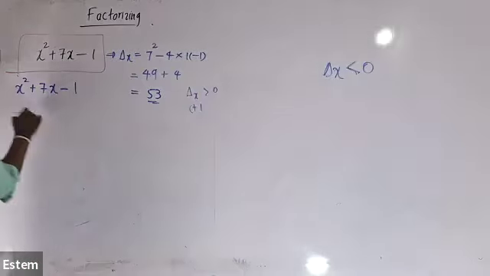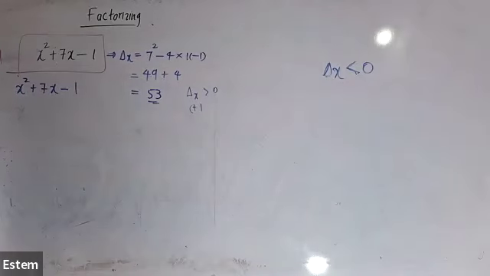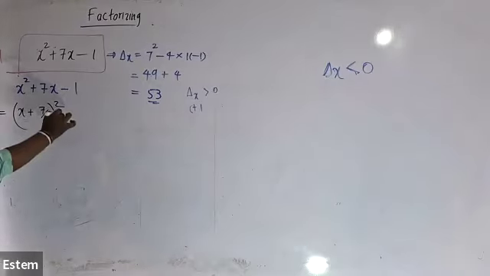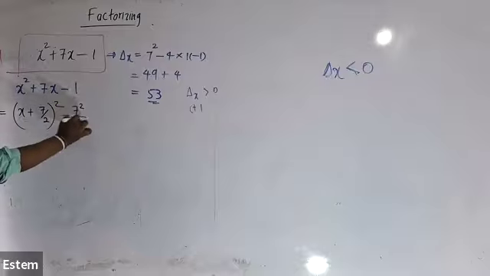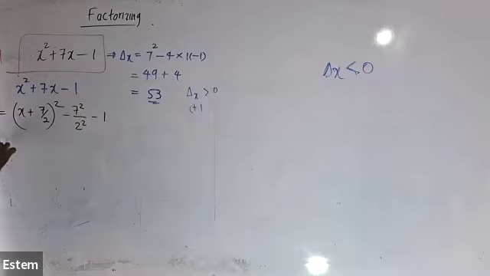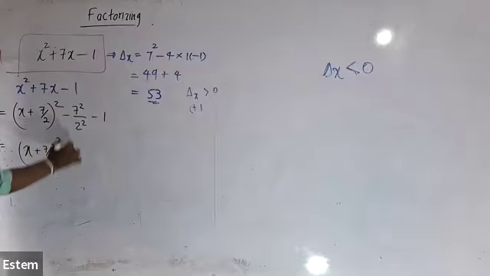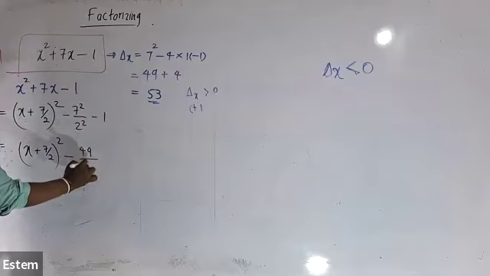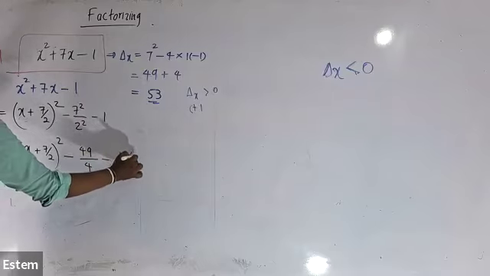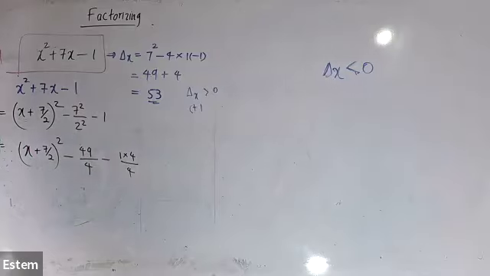See, x plus 7 over 2 entire squared. I think you remember this. Completing squares: x plus 7 over 2 entire squared, and we should subtract 7 squared over 2 squared, and minus 1 is there. Now, x plus 7 over 2 entire squared, here it is 49, this is 4, this is minus 1. I take a common denominator here.